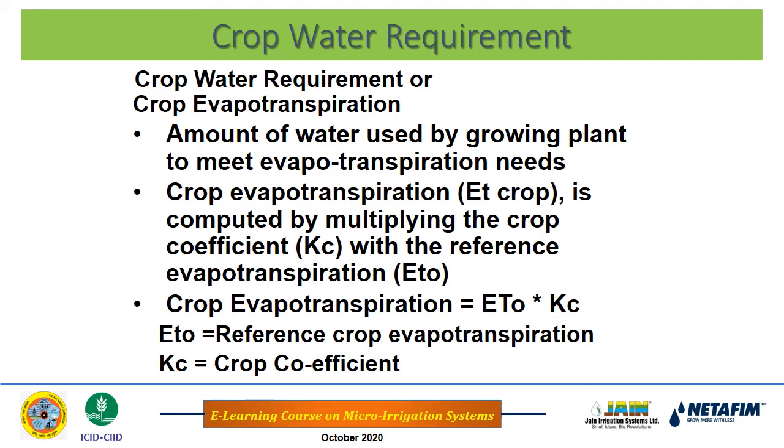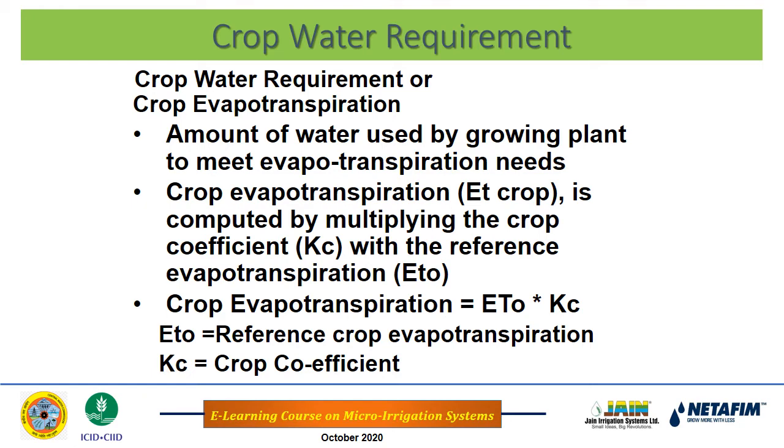So there would be different reference evapotranspiration for different geographies on the globe. And the crop is taken into account through crop coefficients. So different crops will have different coefficients. At any place, the reference evapotranspiration, when multiplied by the crop coefficient, gives evapotranspiration of that particular crop.